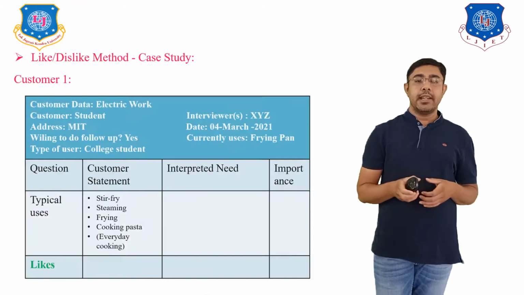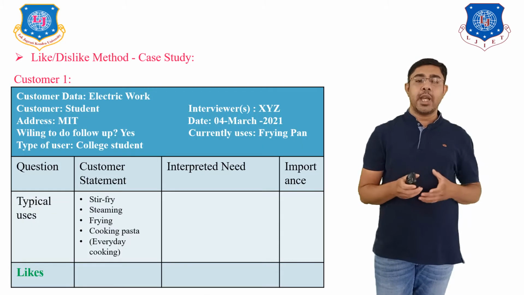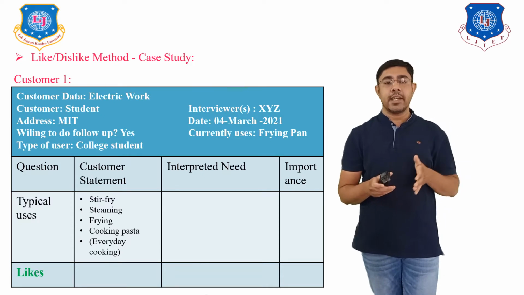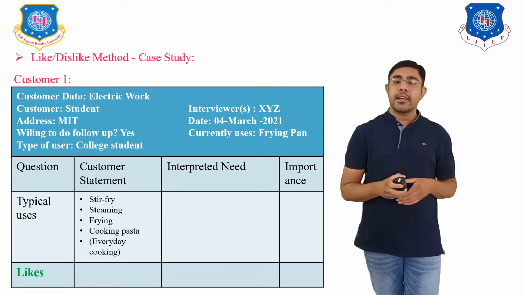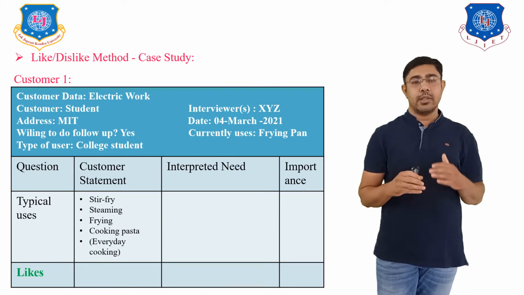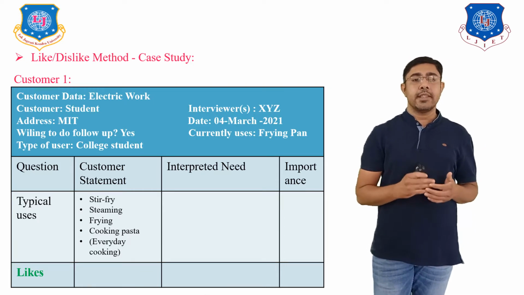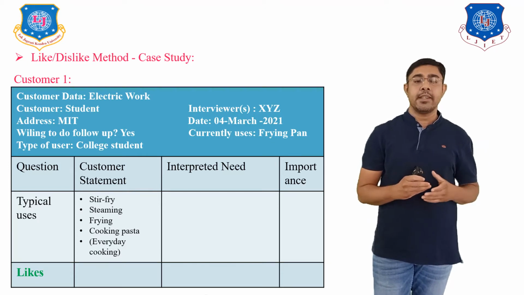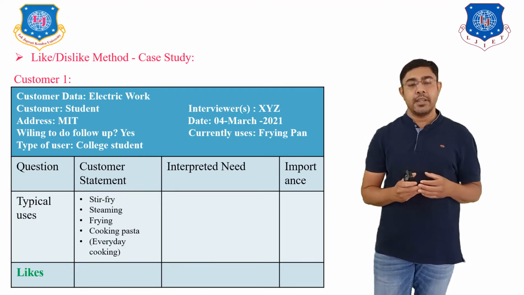In the like-dislike form, at the top I mention the basic header information, that is the customer data. Here the customer data is the electric wok, based on our case study. The customer name is a student, and the address of the customer is MIT.